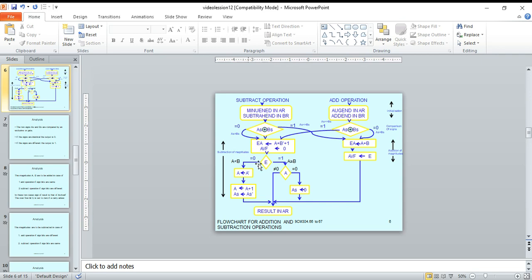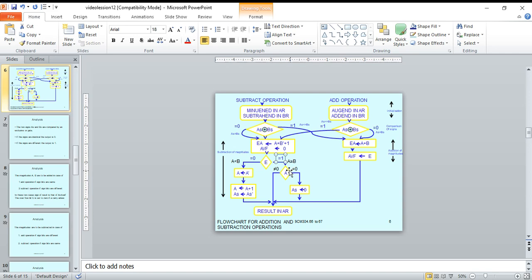I think this is 0 and this is 1. So if E equals 0, it is A greater than or equal to B, and keep the sign of AS the same.